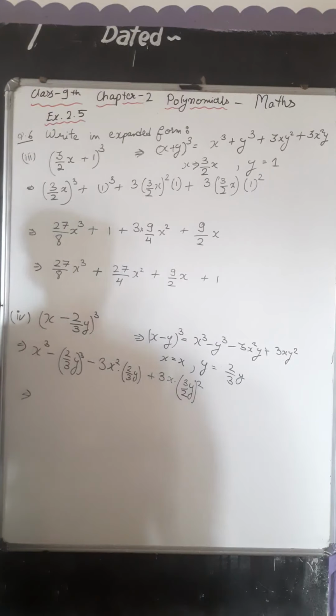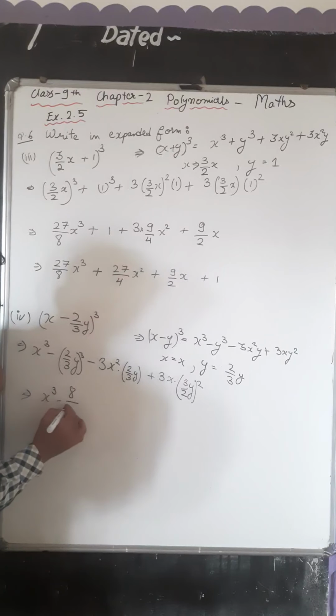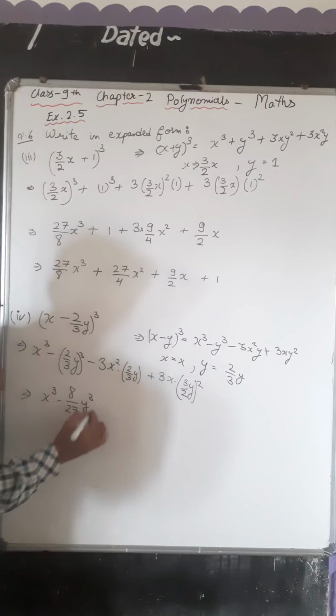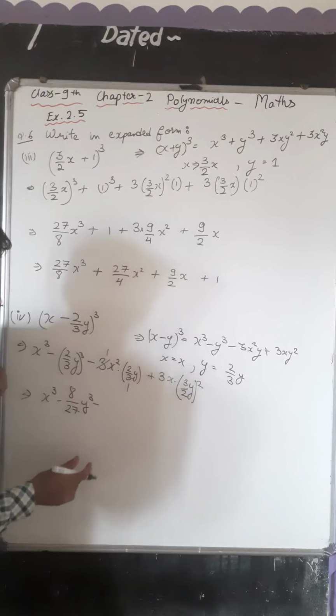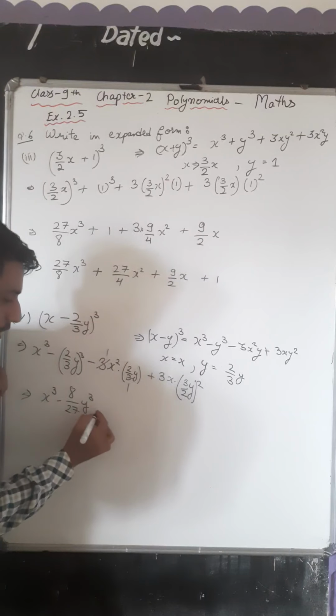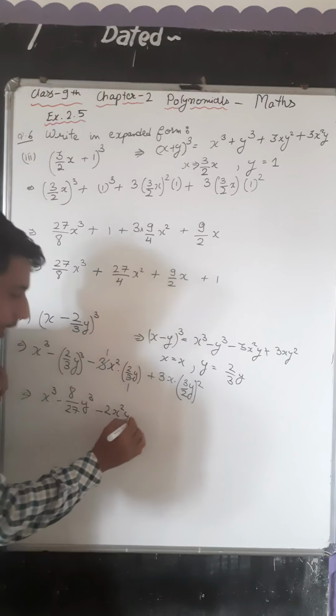If you solve it further, this will be x cube only. Now here, what is the cube of 2? 8. What is the cube of 3? 27. What is the cube of y? y cube. The 3 and 3 cancel out, so we get only 2 x square y.